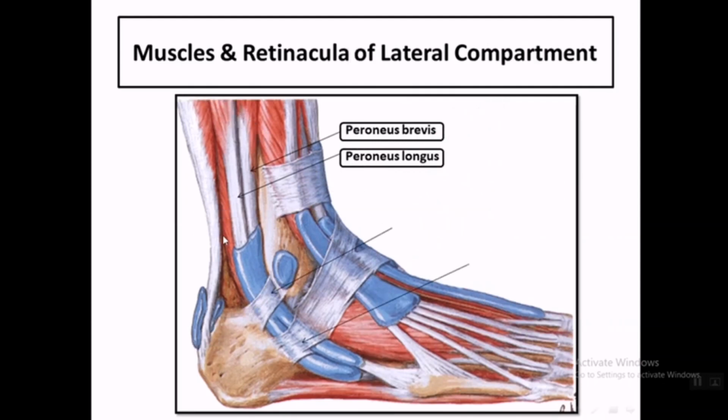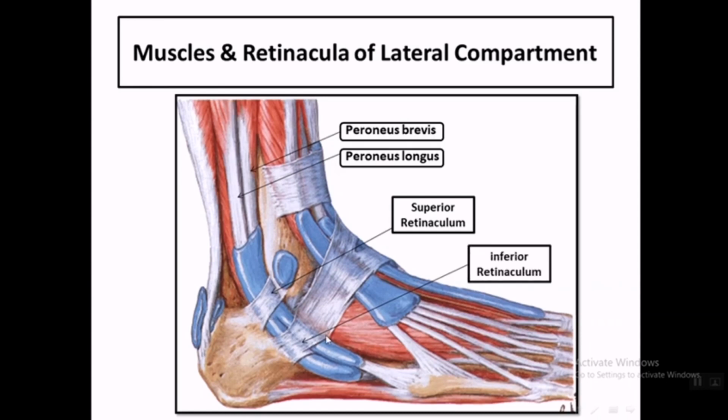Here laterally, this is the Peroneus longus, and behind, or below, we have Peroneus brevis. They acquire a synovial sheath and pass under the superior peroneal retinaculum, then under the cover of the inferior peroneal retinaculum. At first they have a common synovial sheath, then each one has its own synovial sheath.